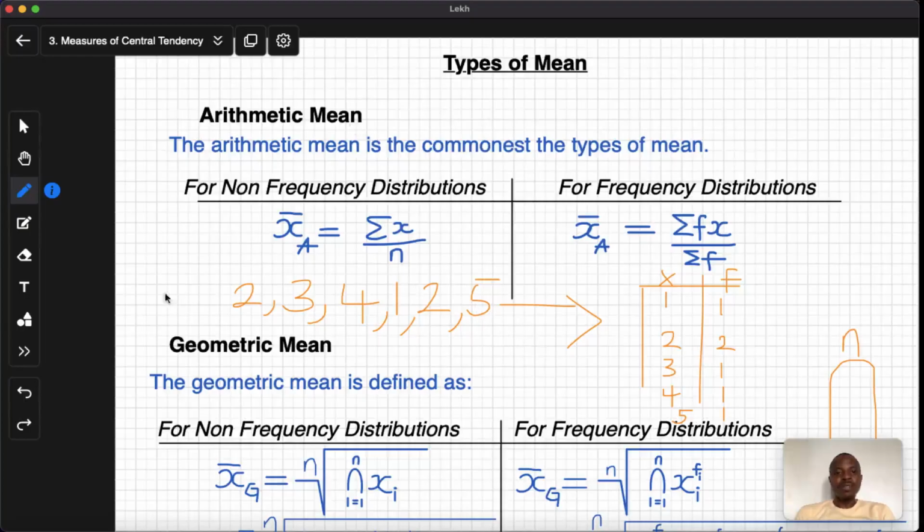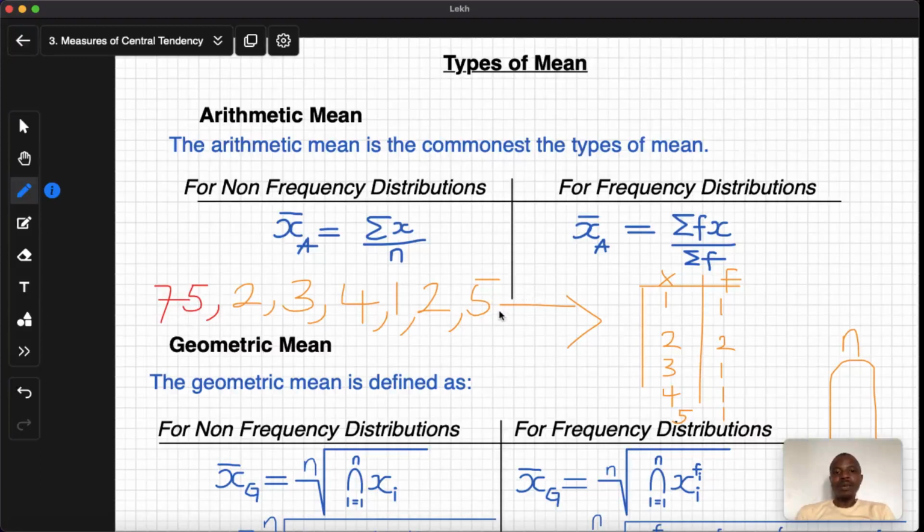For instance, maybe there is an observation of, let's say, 75. All the other observations are very small compared to this one, so it's an extreme value. This outlier is extreme to the right. There may be outliers that are extreme to the left also.